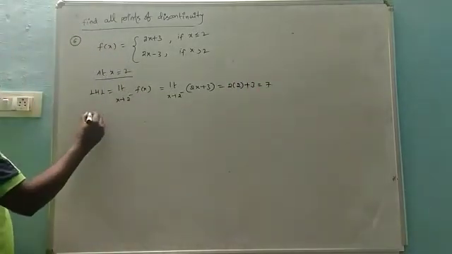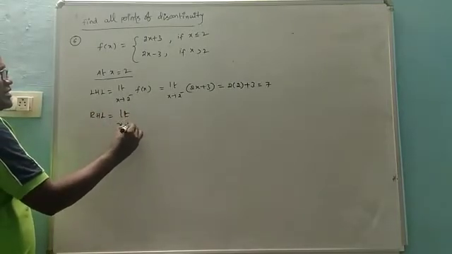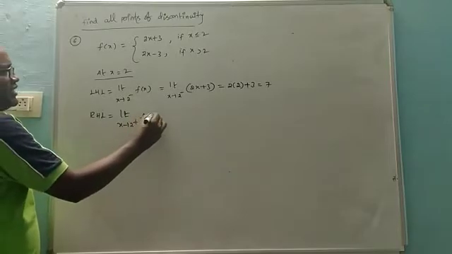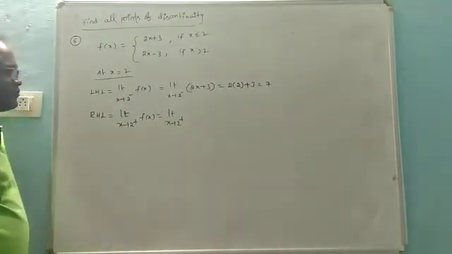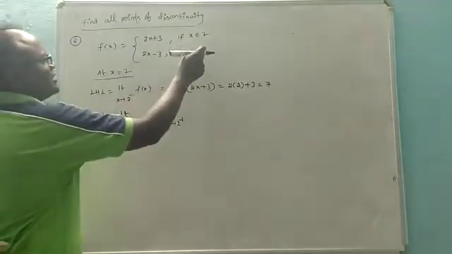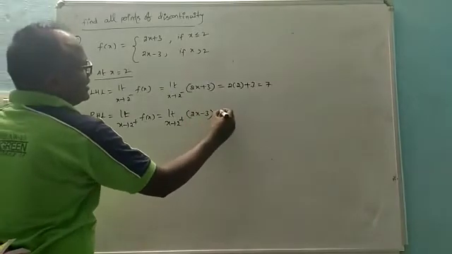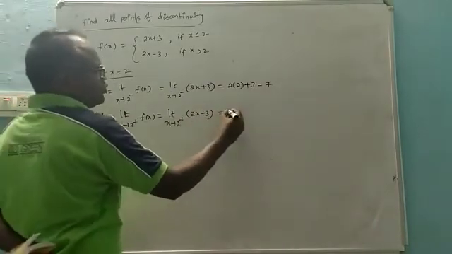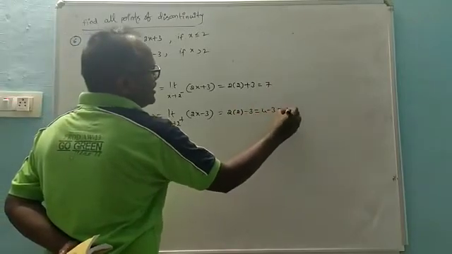What about right hand limit? Right hand limit means limit x tends to 2 plus f of x. 2 plus means greater than 2, and the function is 2x minus 3. Substitute x as 2: 2 into 2 minus 3, 4 minus 3, that is equal to 1.